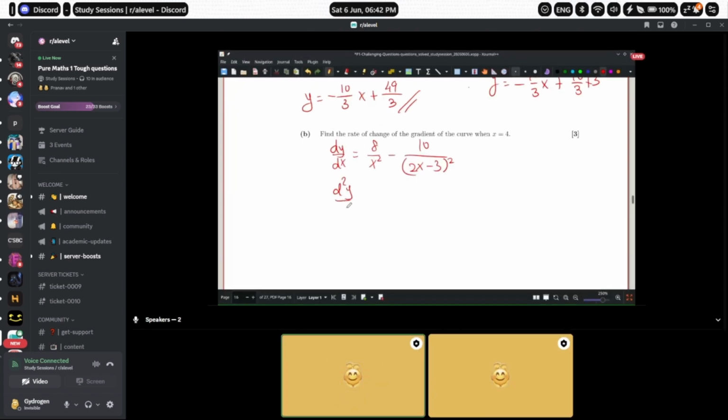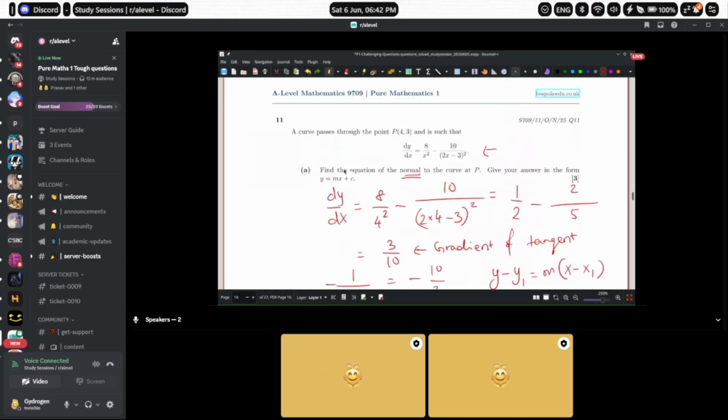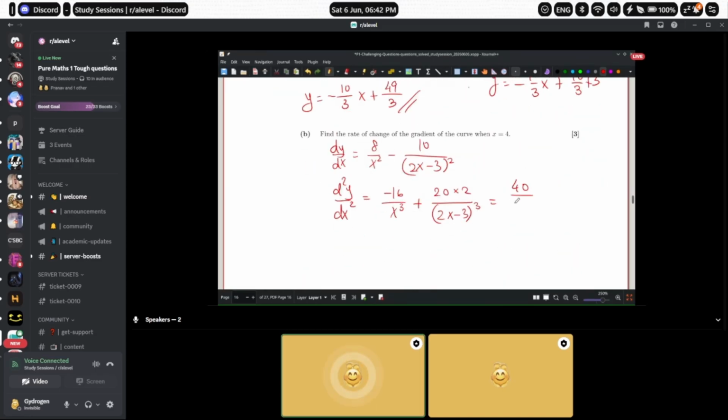So we need the second derivative of y, and this is minus 16 over x cubed plus 20 times 2 over 2x minus 3 cubed, which is 40 over 2x minus 3 cubed minus 16 over x cubed.